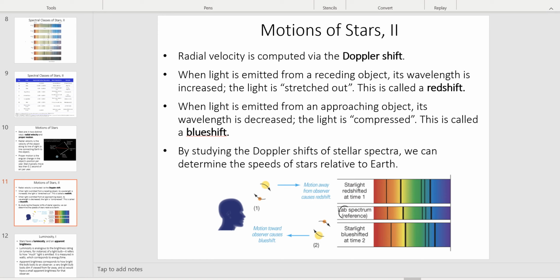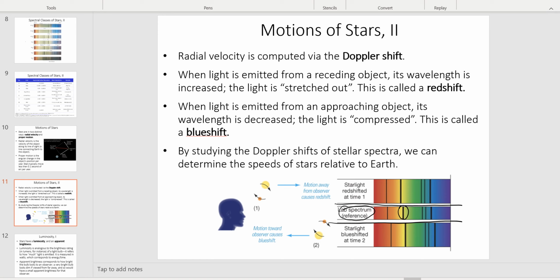This is the lab spectrum. So that means that this is the spectrum in the middle here that we would expect from a star. This is an arbitrary star, if it weren't moving toward us or away from us. But of course, stars are moving, but this would correspond to what we would expect if the spectral lines matched exactly with what we get from the chemical elements.